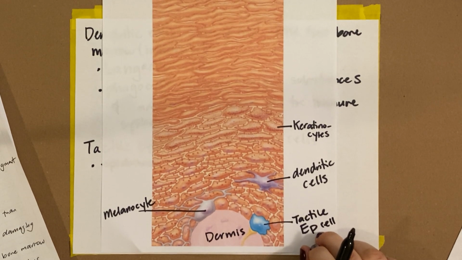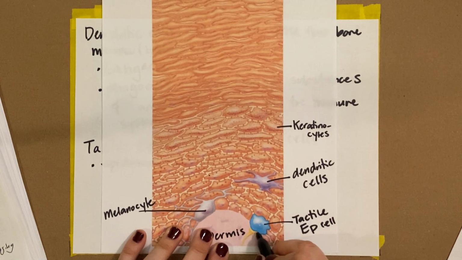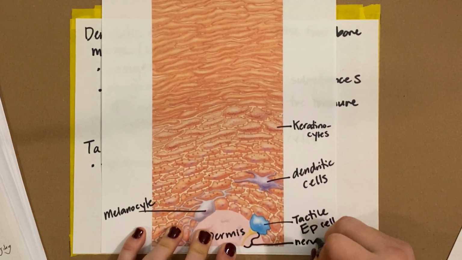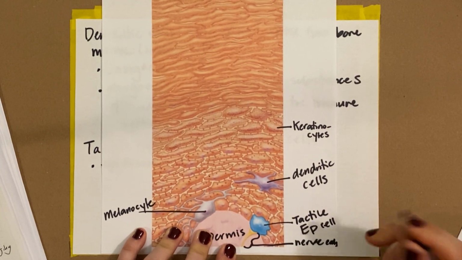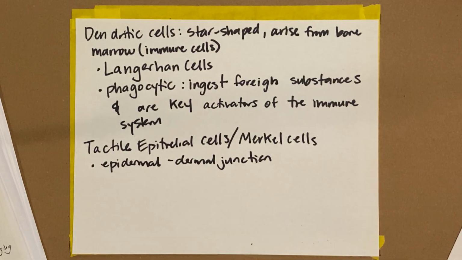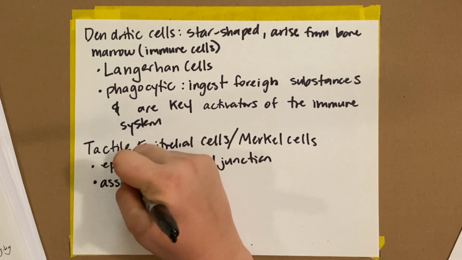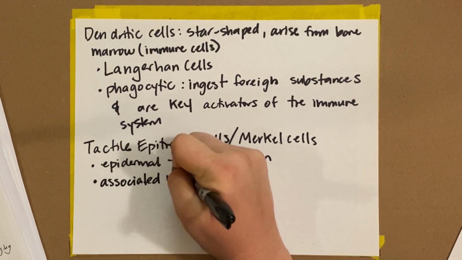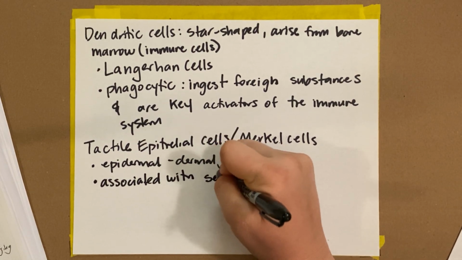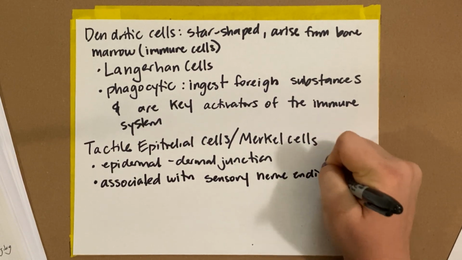Okay, and they're usually going to be associated with sensory nerve endings. So right here, this yellow structure is a nerve ending. Okay, so these cells are going to, let me just write that down, associated with sensory nerve endings.